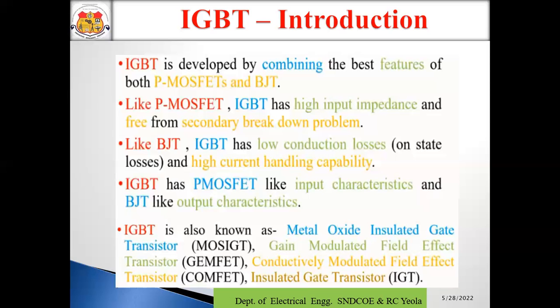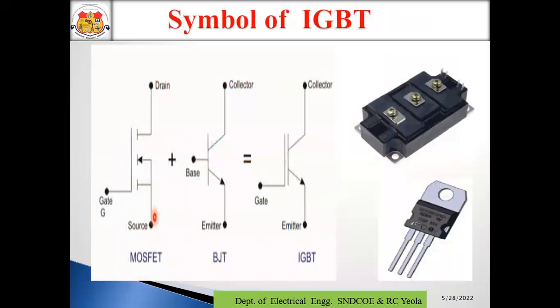As we said earlier, the IGBT is a combination of the MOSFET and BJT. So in this slide, you can see here is the MOSFET. As you know, in case of MOSFET, there are three terminals: gate, drain, source. BJT also has three terminals: collector, emitter, base.